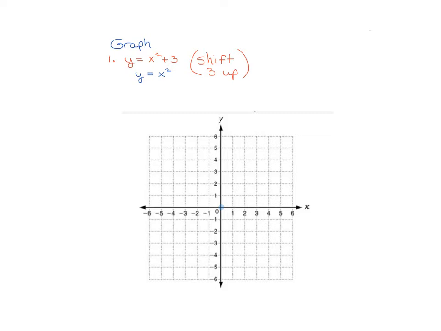So I'm going to graph 0, 0, negative 1, 1, and 1, 1. I'm going to shift all 3 of these points 3 units up. So I'll shift the origin up 1, 2, 3, shift the next one 1, 2, 3, and then the next one 1, 2, 3 on the left. Remember that this is an x squared function, so it's going to take on the U shape.